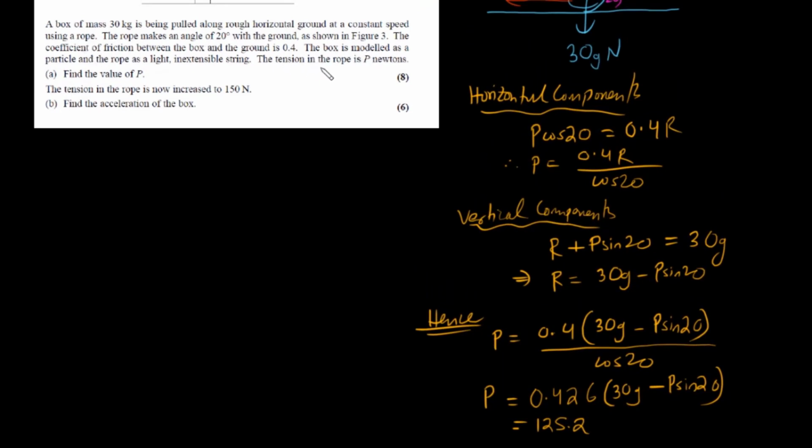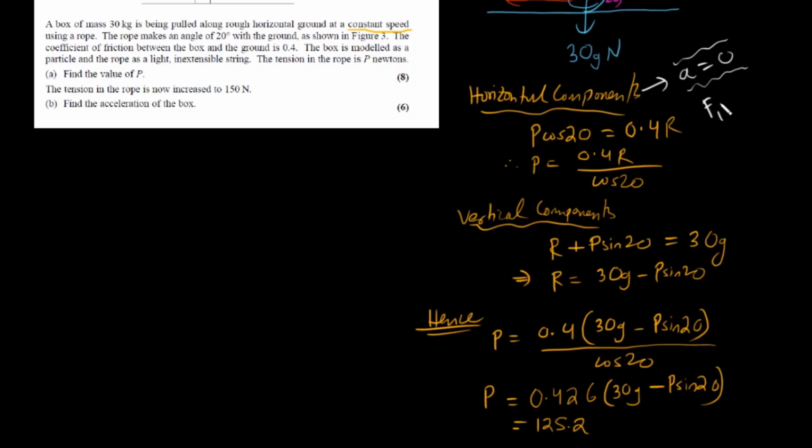The box is pulled at constant speed. So when we have horizontal components and constant speed, that means they're equal since there is no acceleration. If you have constant speed, that means acceleration equals 0.